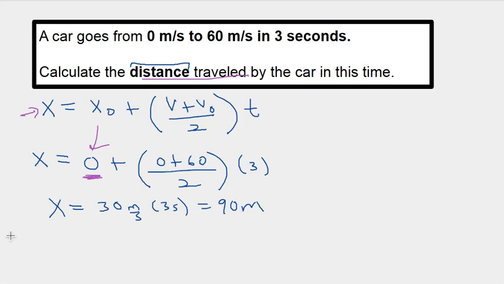We went from 0 to 60, so the average velocity is 30. You can see it doesn't matter whether you did 60 plus 0 or 0 plus 60, and it did that for 3 seconds. And you can see that the seconds cancel, leaving your final distance as 90 meters. So that's how far the car went.